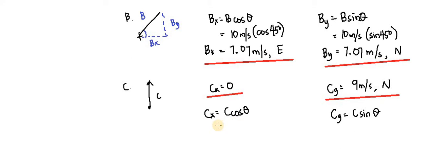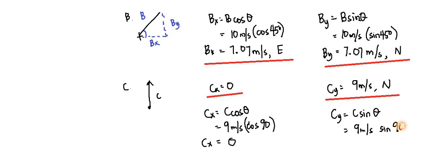Okay, we'll have here your 9 meter per second, multiply by your cosine 90. Okay, and if you have your cosine 90, class, that's equal to 0. So, 0 times 9 is equal to 0 pa rin. Okay, and so wala na siyang direction. And here, if we will have 9 meter per second, multiply by your sine theta, which is 90 degrees.